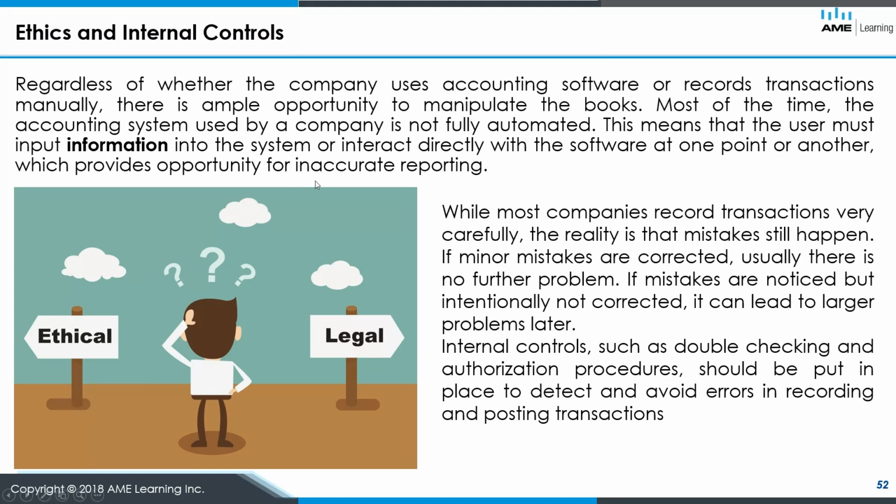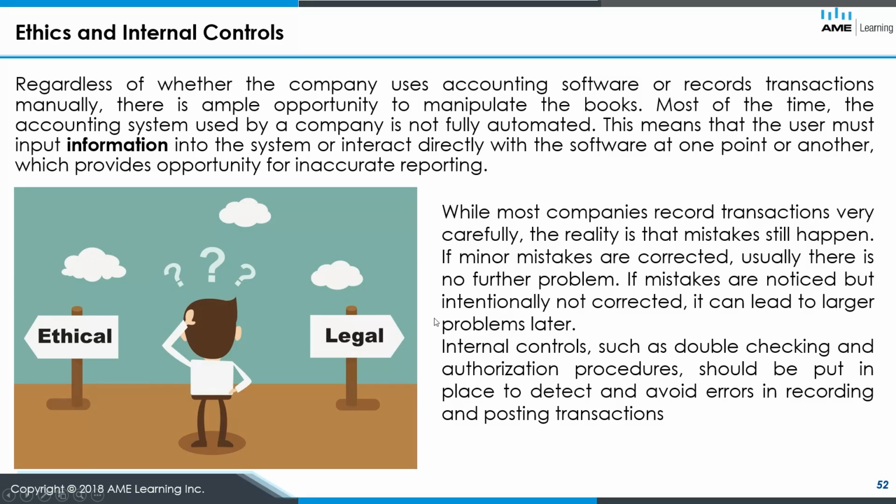So as I mentioned, I think we talk about fraud a lot of the time and that kind of thing, but really the most common situation that arises is just mistakes. And so using software to catch those mistakes, here it notes that mistakes can be noticed but intentionally not corrected. Larger problems can arise later.